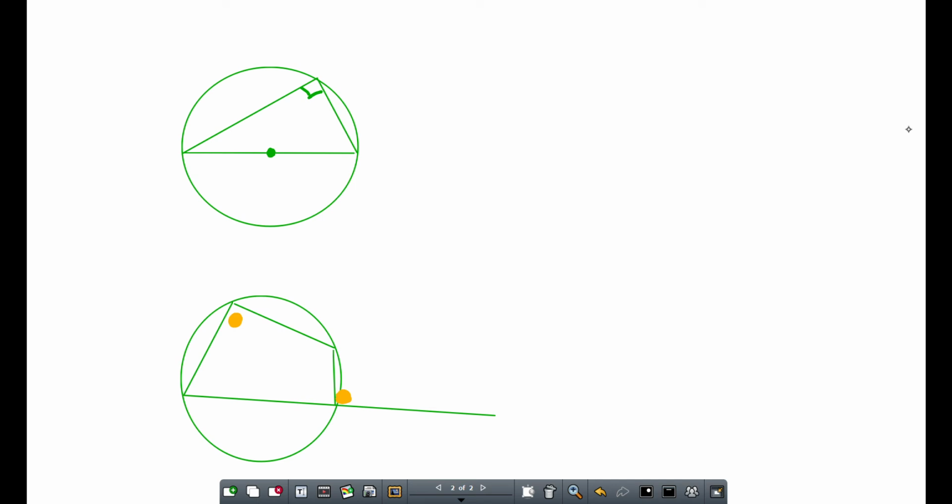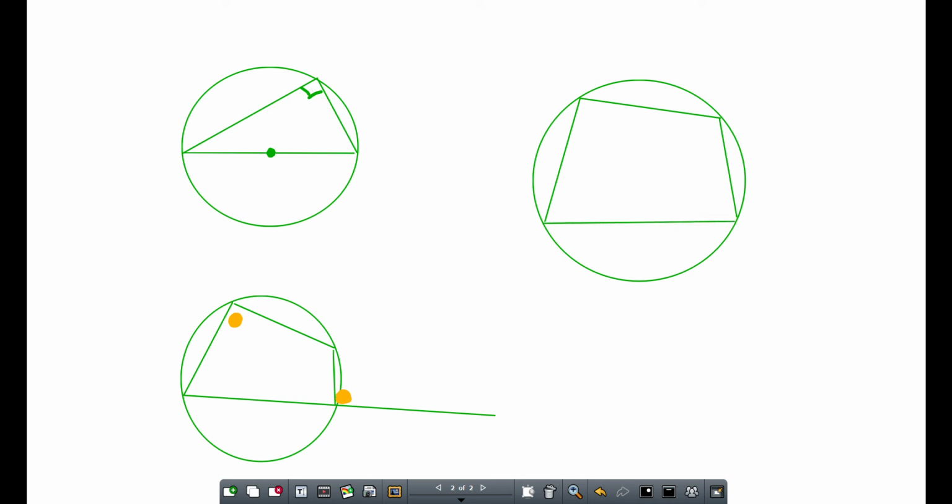Okay, so there's my circle, and I now have a cyclic quad. If I were to connect these angles, then it actually forms this for me, do you see that? And that's the one you're talking about. So when I have that, this angle here will be the same as that angle there.